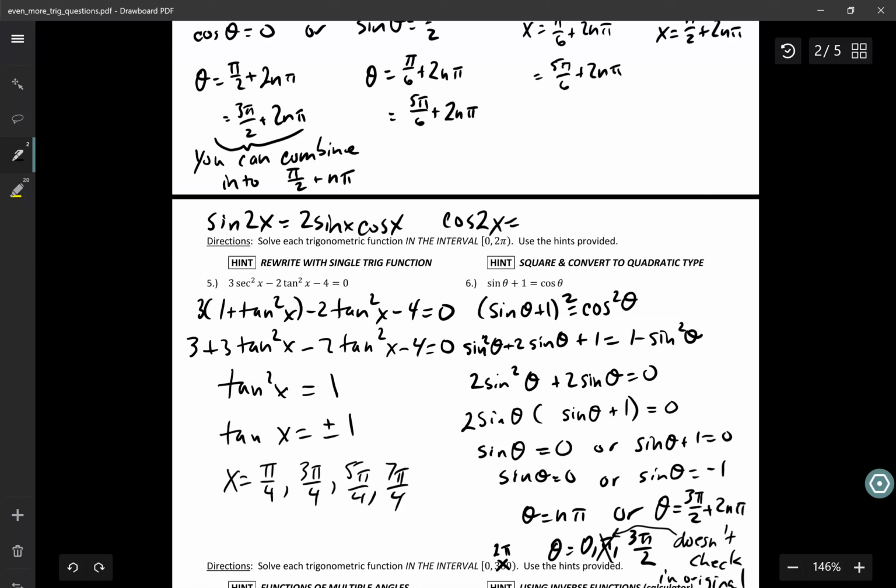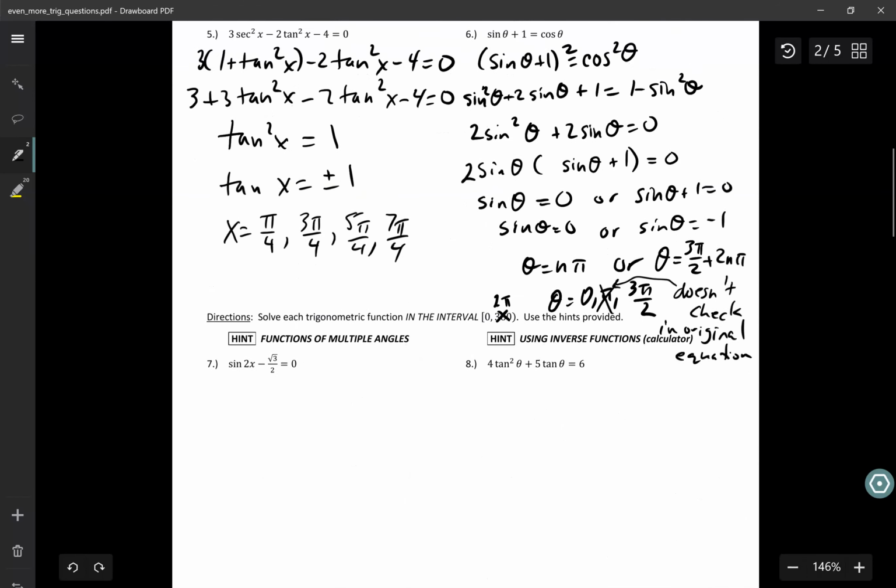There's 3 of these, remember, but the 2 that you will use when you're solving equations will be the 2 cosine squared x minus 1 or the 1 minus 2 sine squared x. And those depend upon whether the other term or terms that you see are cosine or sine. That's how you make a decision on which one to replace it with. If the other term in the equation is cosine, you'll use the first one. If the other term in the equation is sine, you'll use the second one.